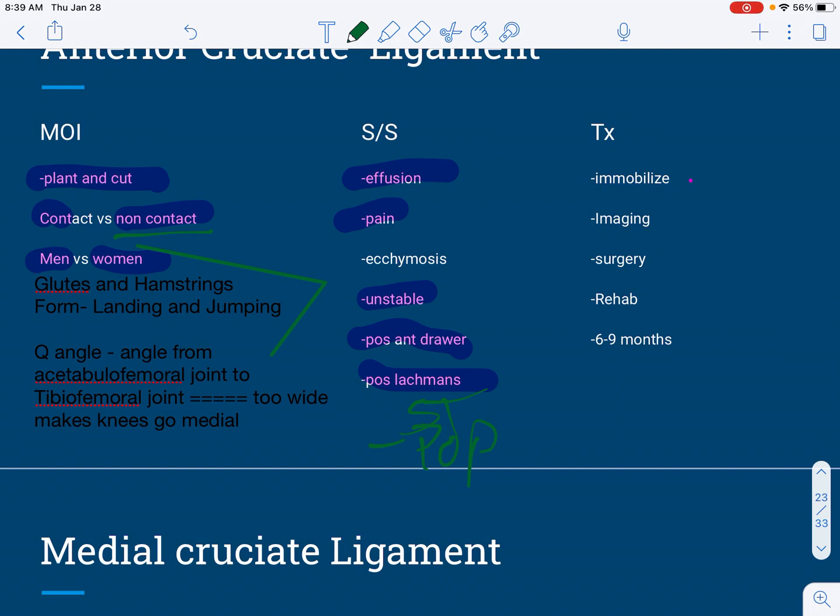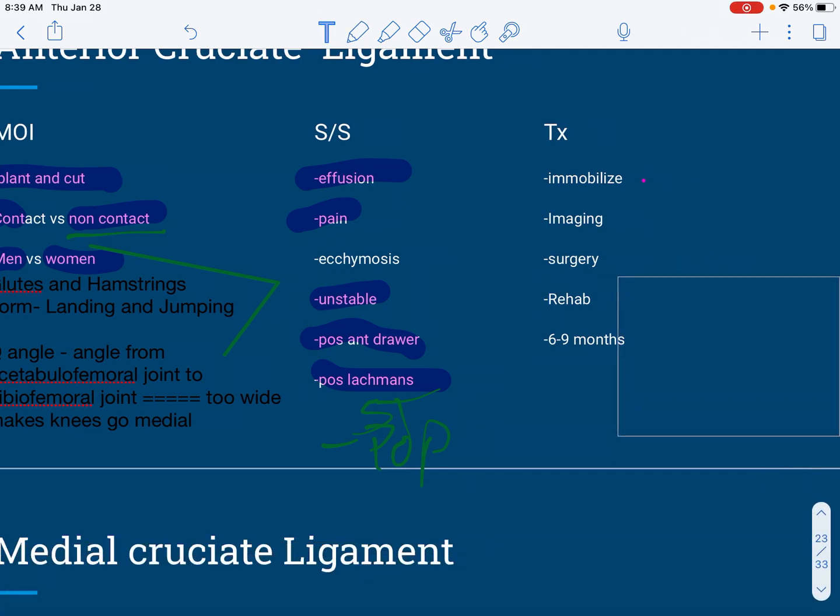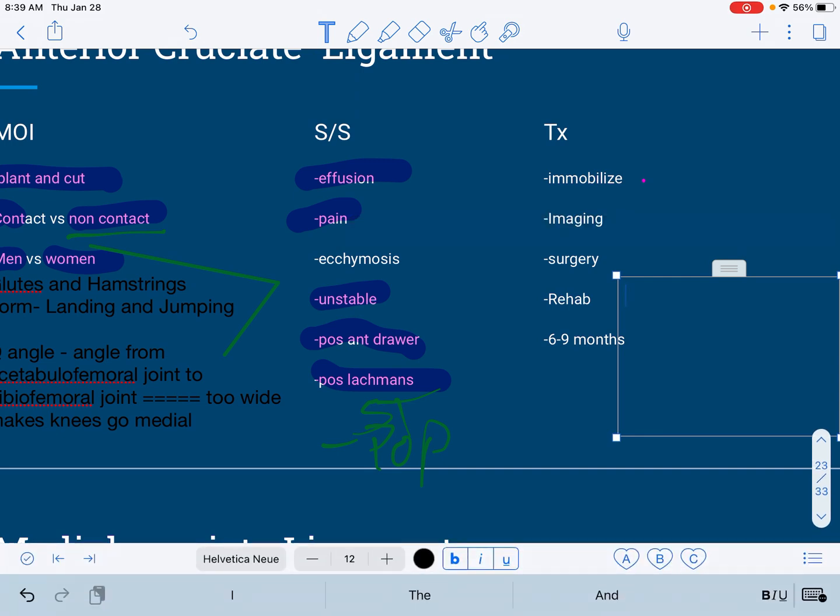Treatment would be immobilization, getting the MRI, and then surgery, rehab, and usually you're back in 6 to 9 months. Now they're leaning more towards 9 months, especially with the high school population. Different things that people can use to replace their ACL with are the hamstring tendon, specifically the semitendinosus, and actually your gracilis too, which is a hip adductor.